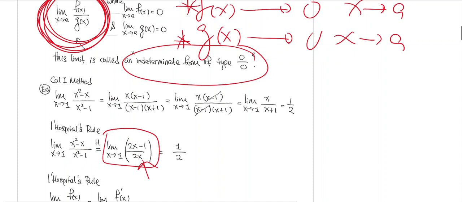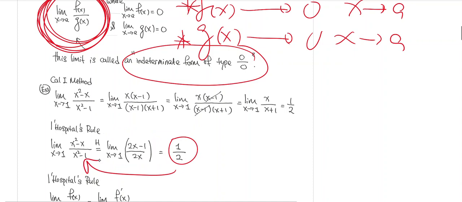And evaluating this limit is not a problem. When x goes to 1, this goes to 2, this goes to 1. So L'Hopital's rule says that this limit right here will be the limit of the original question that you try to answer. That's what L'Hopital's rule says.